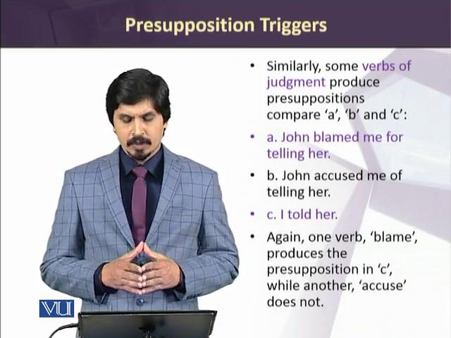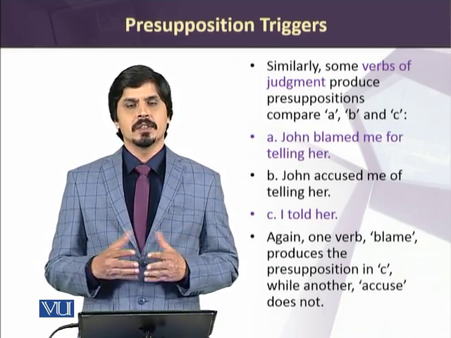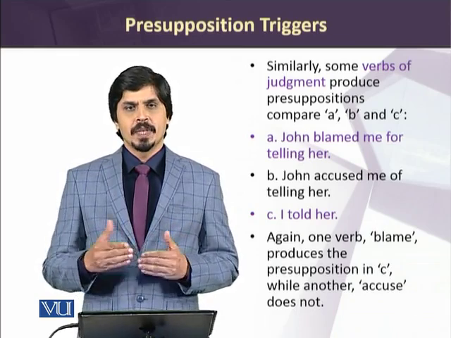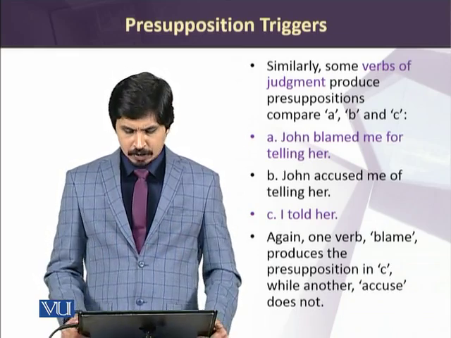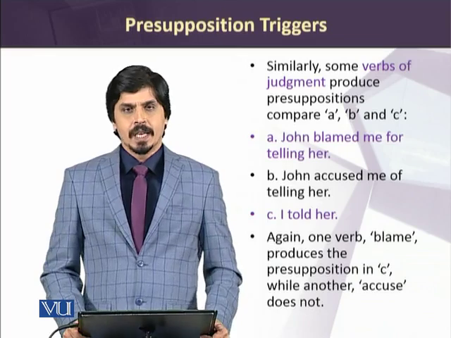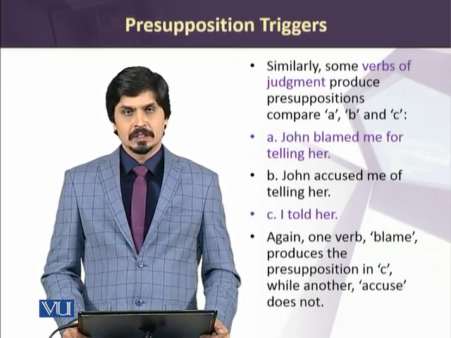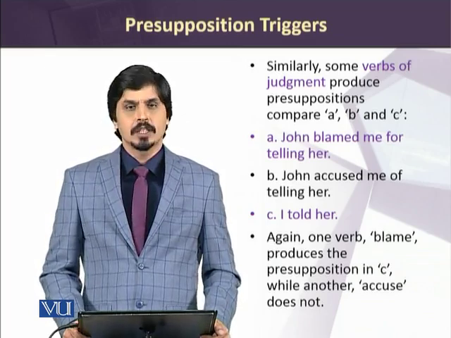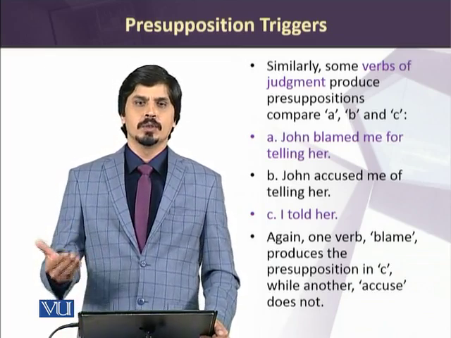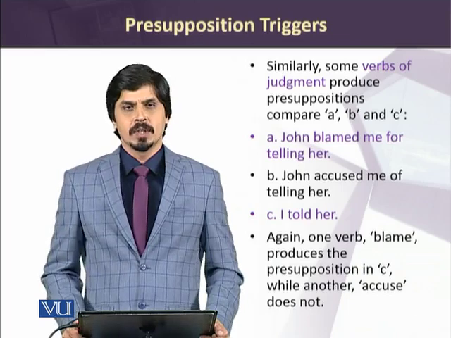The verb blamed is considered to be a judgment verb. Based on this, we have the presupposition, I told her. Again, one verb, blame, produces the presupposition in C, while another, accuse, doesn't, because accuse is not a judgment verb.